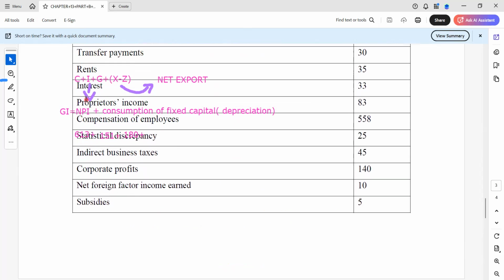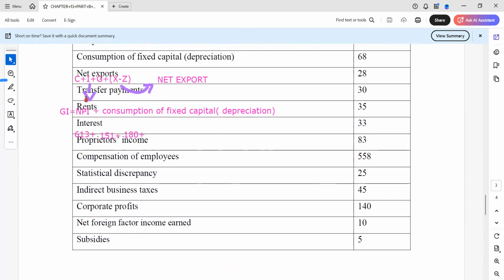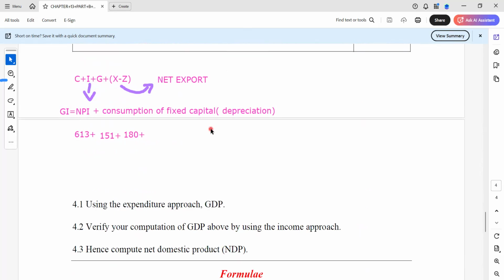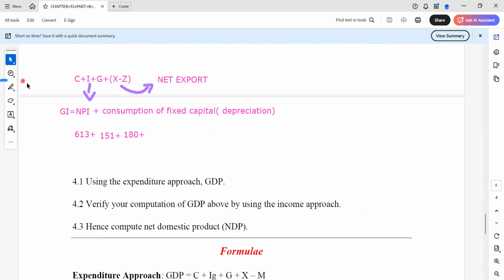Let's find the exports. Okay, we don't have exports, we don't have imports, but we have net exports. Remember, I told you that if you say X minus Z, you get net exports. So they've calculated for us. It's just 28. So you're just going to add 28. So we're going to say plus 28, then equals to, sorry. So what do you get? Please punch in your calculator, guys.